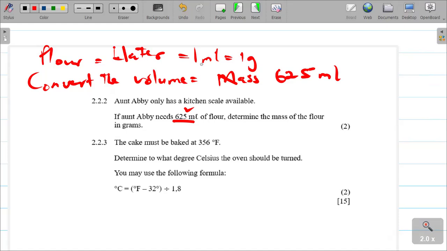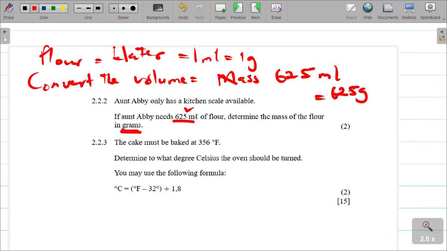Since we said that one milliliter is equal to 1 gram, we want to measure the amount of flour in grams, which is 625 grams is the mass.